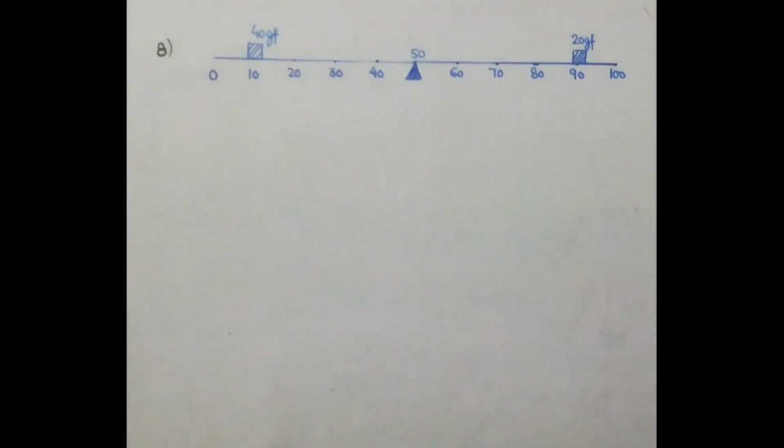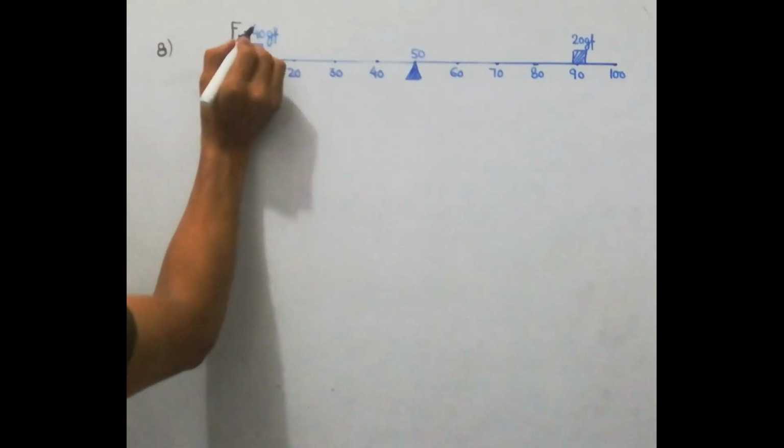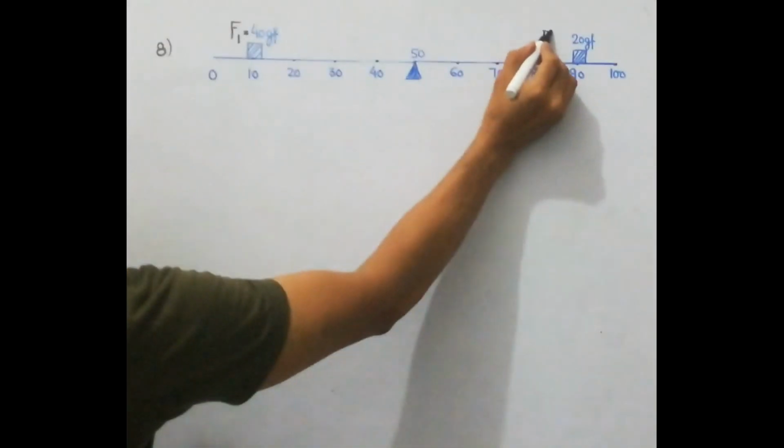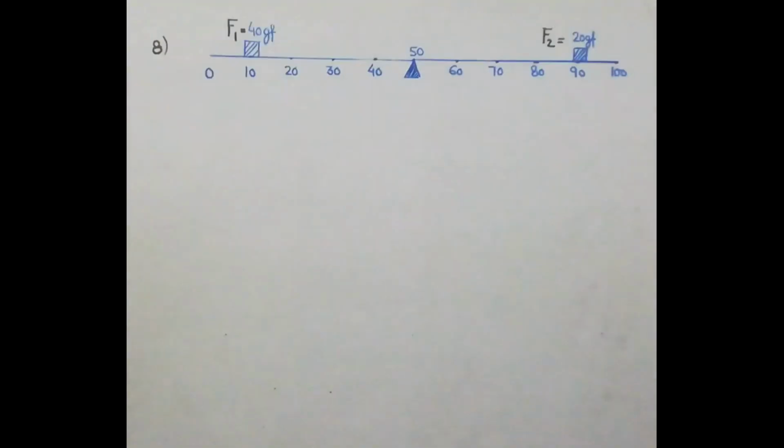Now in this diagram there are two forces acting on the scale, one at the mark of 10 and the other force at the mark of 90. So let us mark these two forces. This is your F1, this is F2. F1 acting at the mark of 10 and F2 acting at the mark of 90. Now if you see, the point of rotation over here is 50.